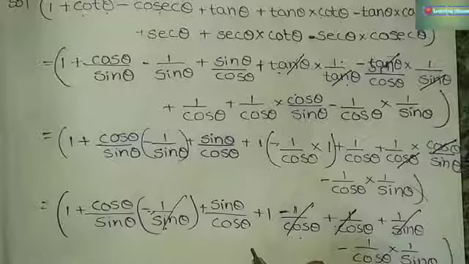And also the third one, cosecant square theta minus cot square theta is equal to 1. From this we can deduce the cosecant square theta minus 1, which is equal to cot square theta. These are the two which we have to use to solve this problem.